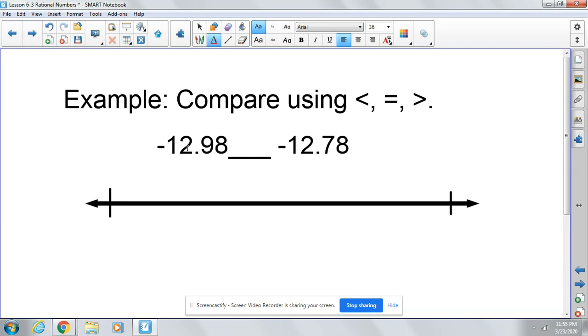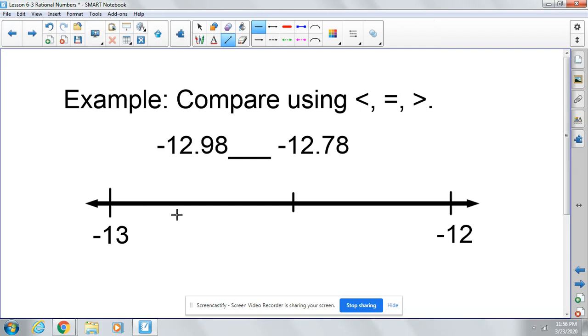We know that negative 12.98 and negative 12.78 are going to be between negative 12 and negative 13. Every decimal needs to be plotted on a number line in tenths. It's just easier this way.